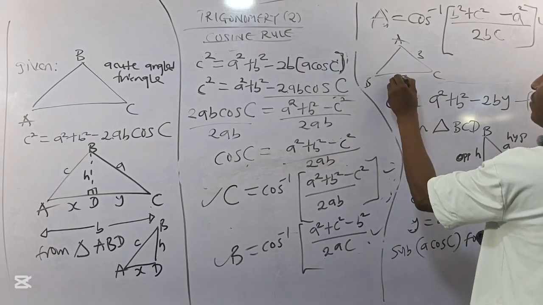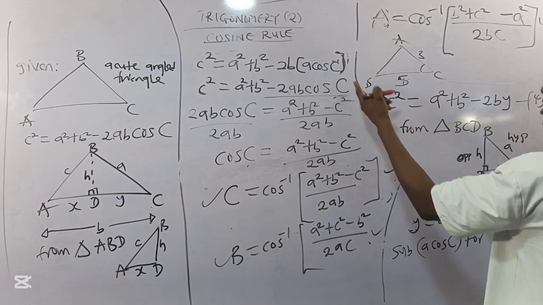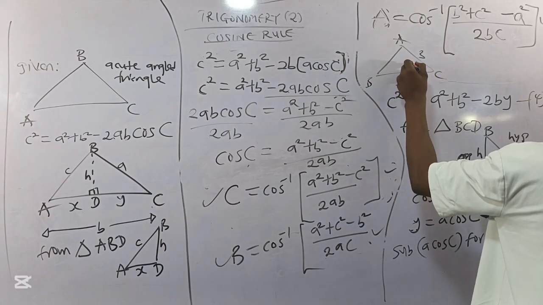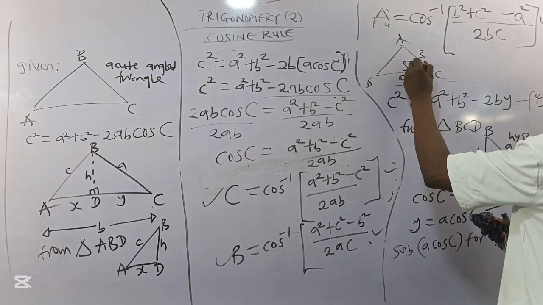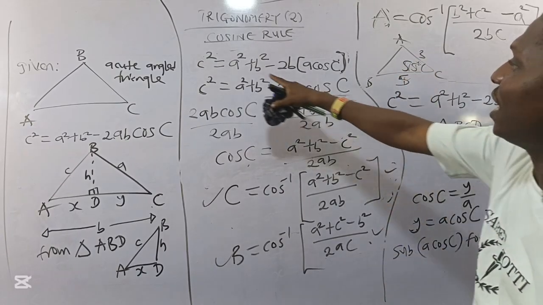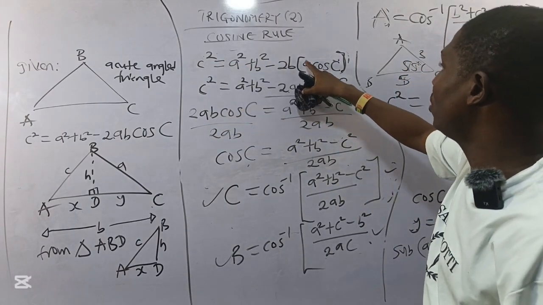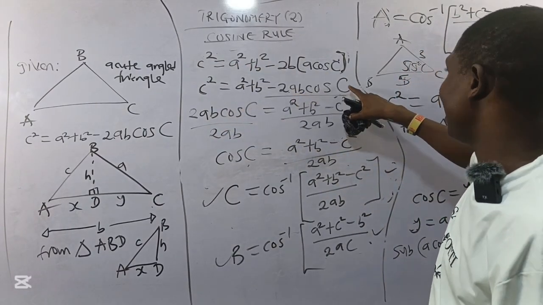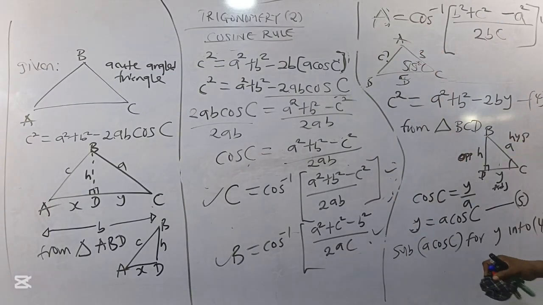The included angle was also given, which is this capital C you are seeing here, let me say 55 degrees. We can use this formula, C square equals A square plus B square minus 2AB cos capital letter C, to solve for my side C here, if it's a question.